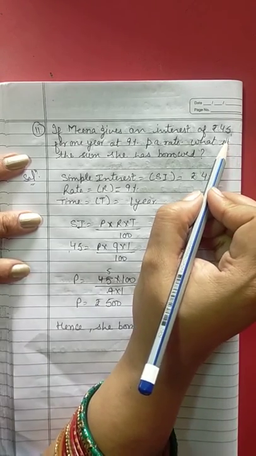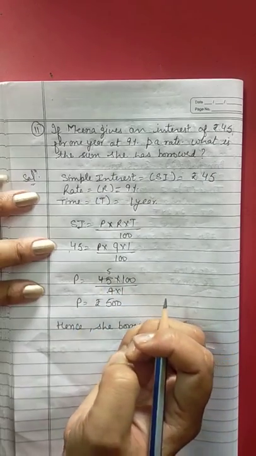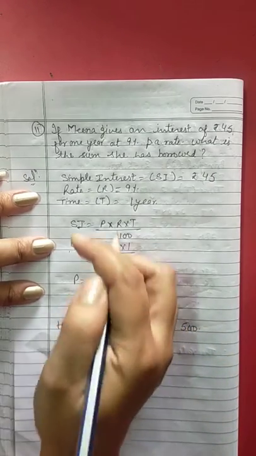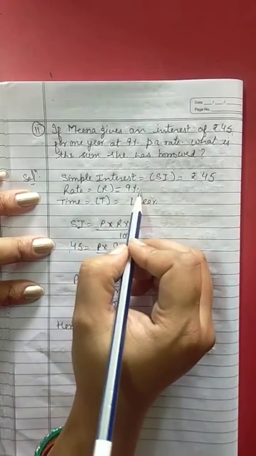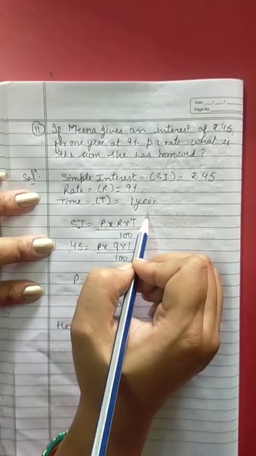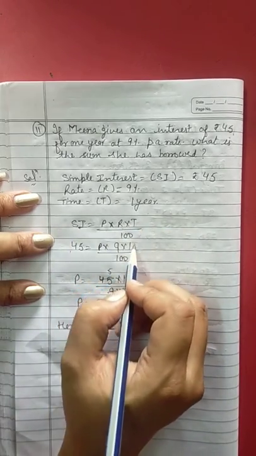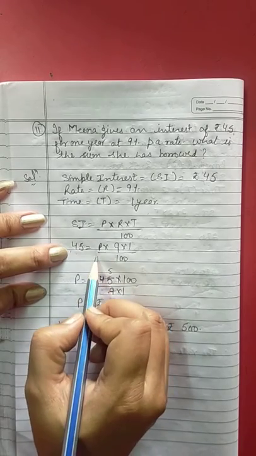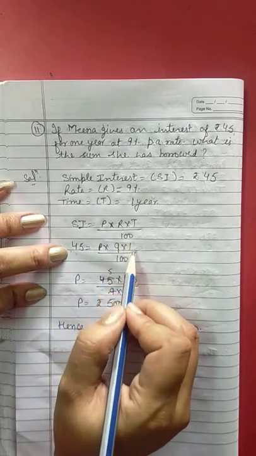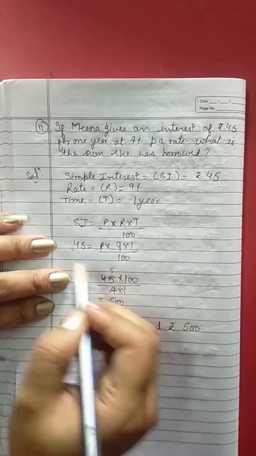So again interest is given to us. It means we will use the interest formula. First we write all the values which are given to us: simple interest as rupees 45, then rate as 9%, time as 1 year. Then apply the formula SI equals P into R into T divided by 100. Put simple interest as 45, P we have to find out, R as 9, T as 1, and then we can solve it, otherwise we can take it to the other side.